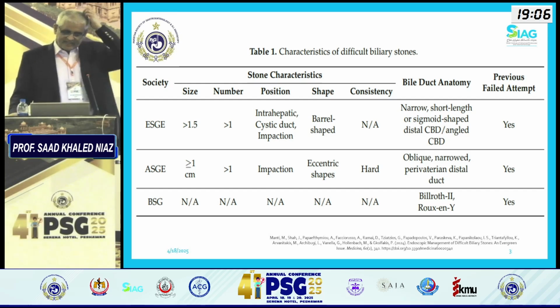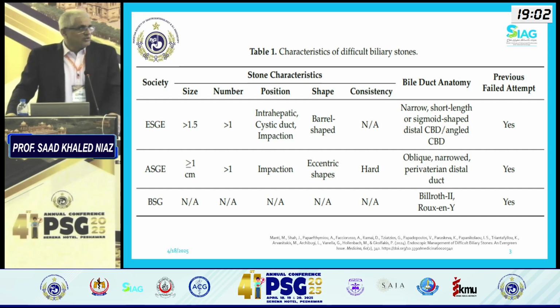ESGE says any stone that's more than 1.5 centimeters, ASGE says more than 1. I think a stone less than 1.5 centimeters, unless it's a special shape, is not really a difficult stone in this day and age. If there is more than one stone, both societies feel that it's difficult.